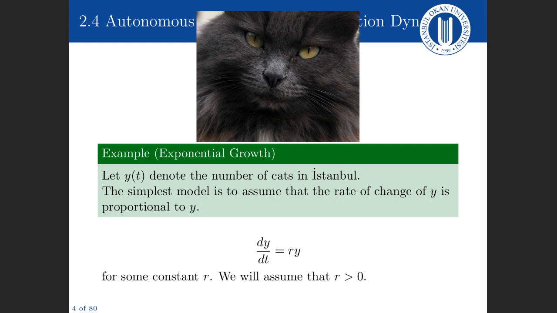If there are a small number of cats in Istanbul, then that means a small number of baby cats, so y will increase slowly. So in other words, we're going to assume that dy dt is proportional to y, or is equal to some constant r multiplied by y. And we're going to assume that the constant r is a positive number.